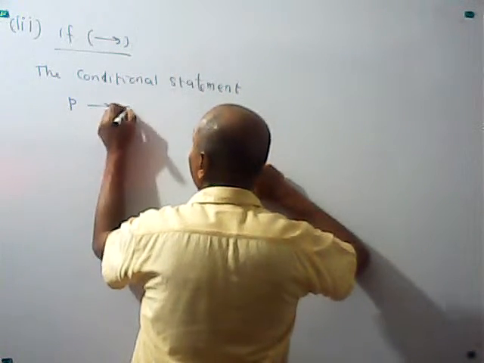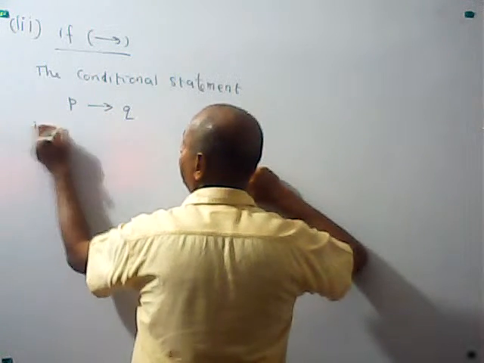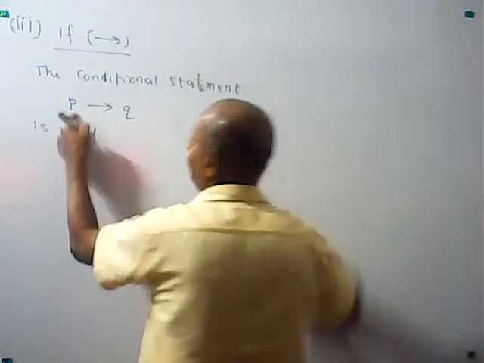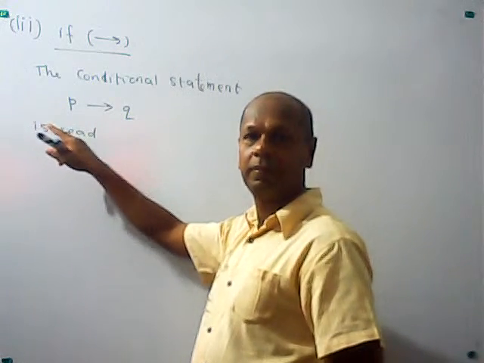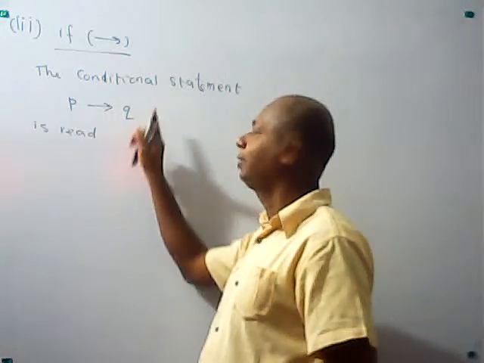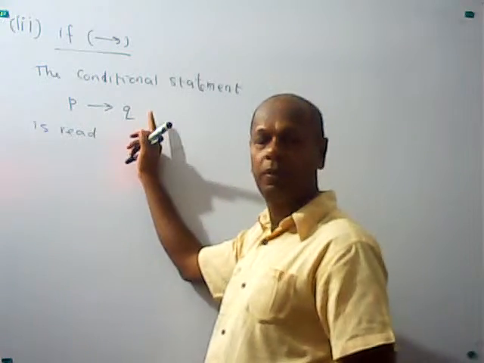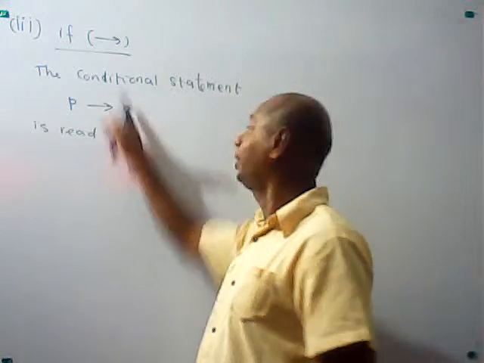arrow Q. This is read as Q if P, or P implies Q, or Q occurs if P occurs.